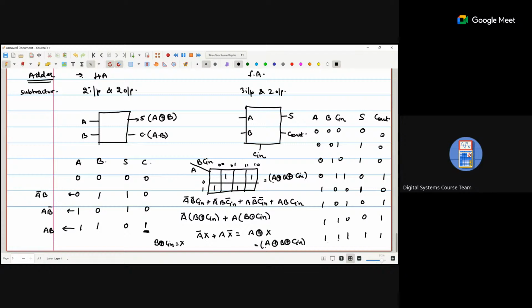And if you take B XNOR C in as X, the equation will be A bar X bar plus A X. So that is A XNOR X. If you put in the value, it becomes A XNOR B XNOR C. So both cases are possible.